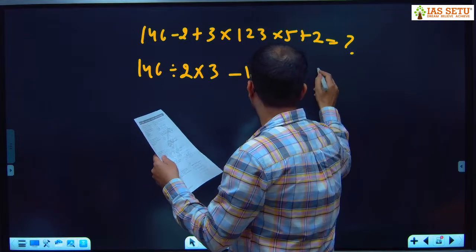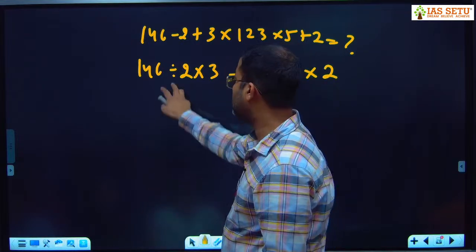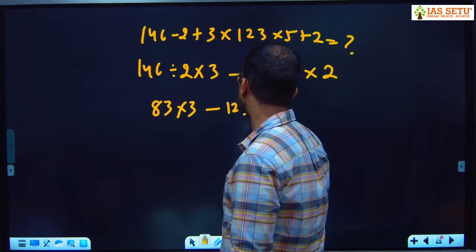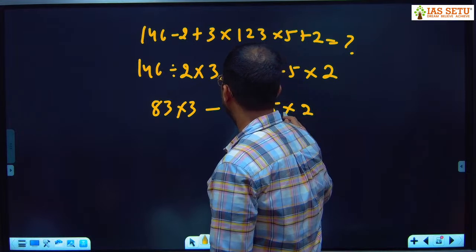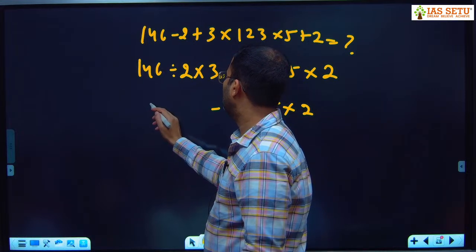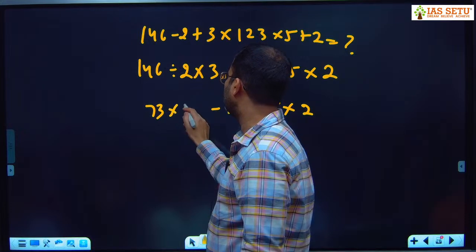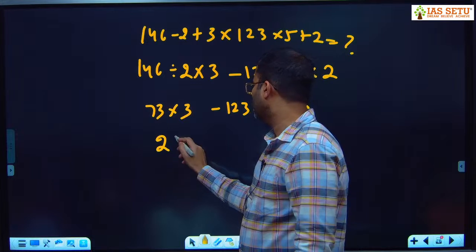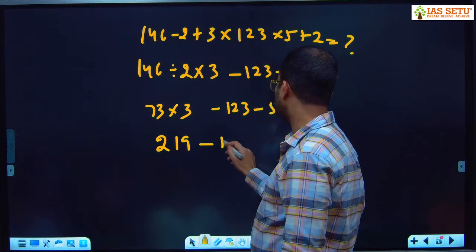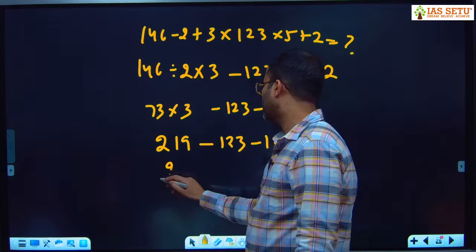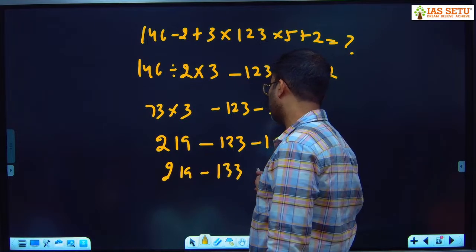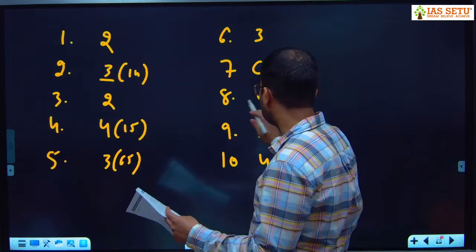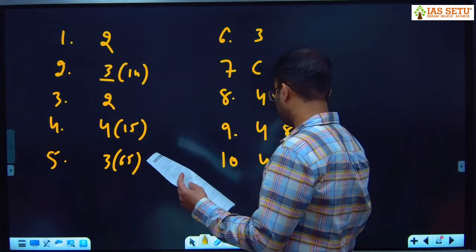As BODMAS suggests, first we have to do division. 73 into 3 minus 123 minus 5. 73 into 3. So what we get here? 219 minus 123 minus 10, 219 minus 133. Okay, 86. Yes. Question number 9, answer is 4, 86.